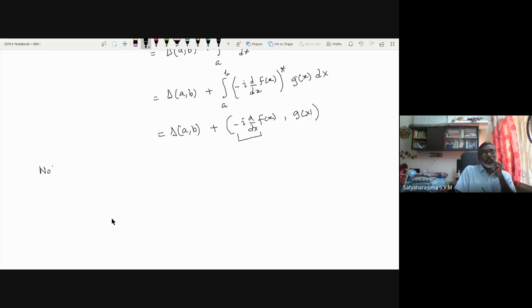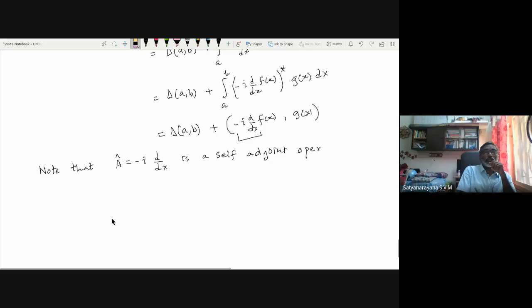So note that A is equal to minus i d by dx is a symmetric operator if delta ab is equal to 0.